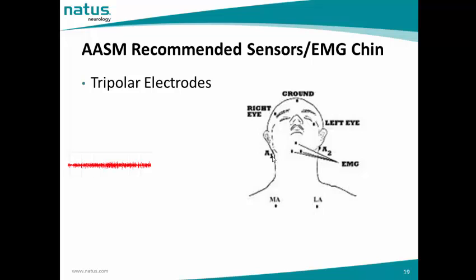When we record EMG for chin, we will be able to distinguish the transition from wakefulness to non-REM and from non-REM to REM. This can help us in distinguishing different parasomnias related to REM sleep, and also it can help us to diagnose bruxism.